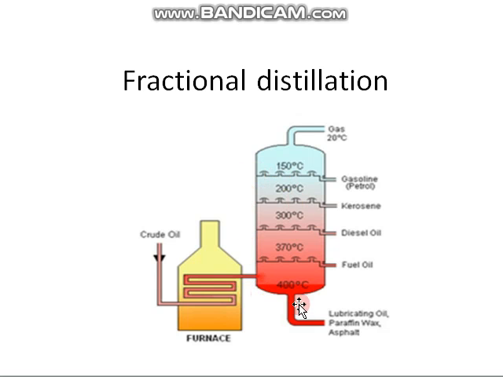Here we have what is called the fractionating column, and that is why we call it fractional distillation. Whether fractional or simple distillation, the principle is to separate miscible liquids which have different boiling points.